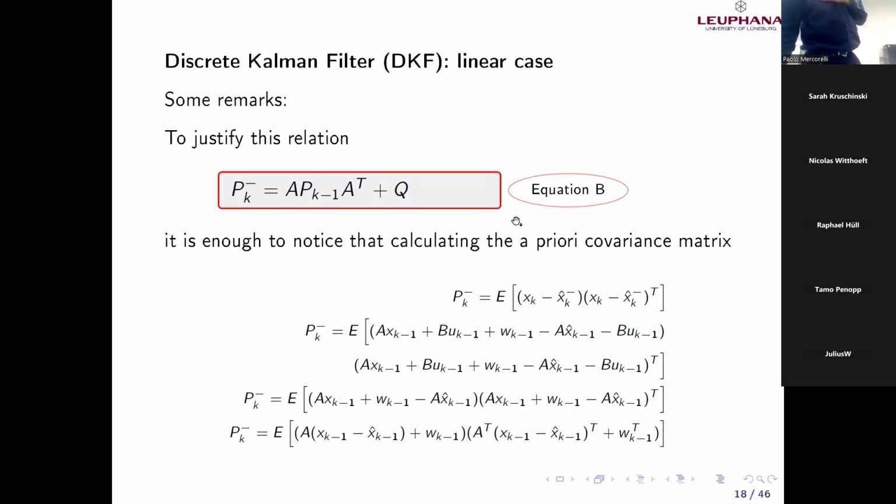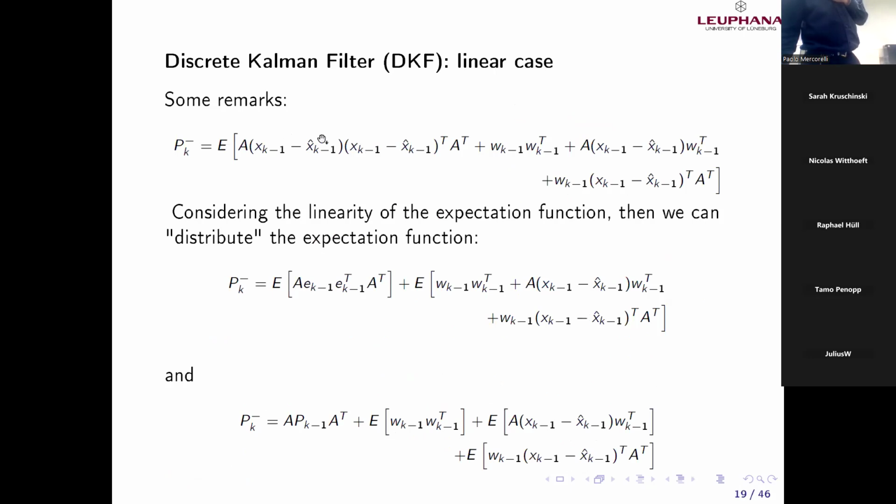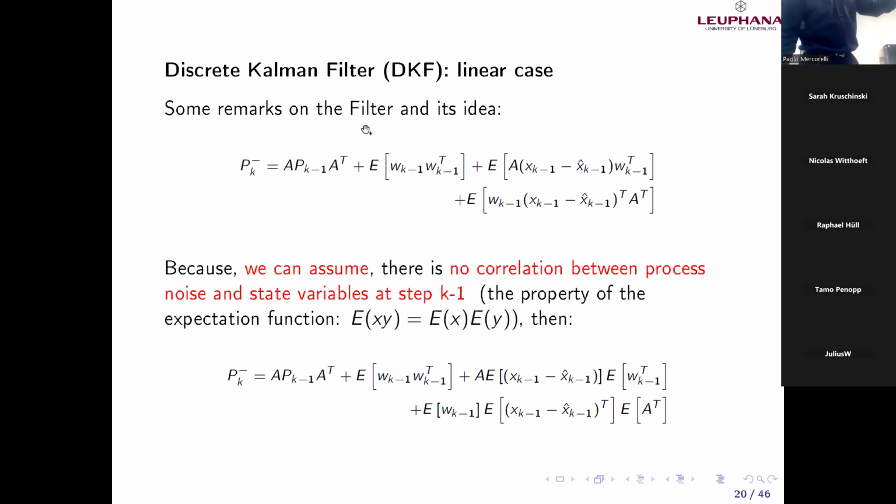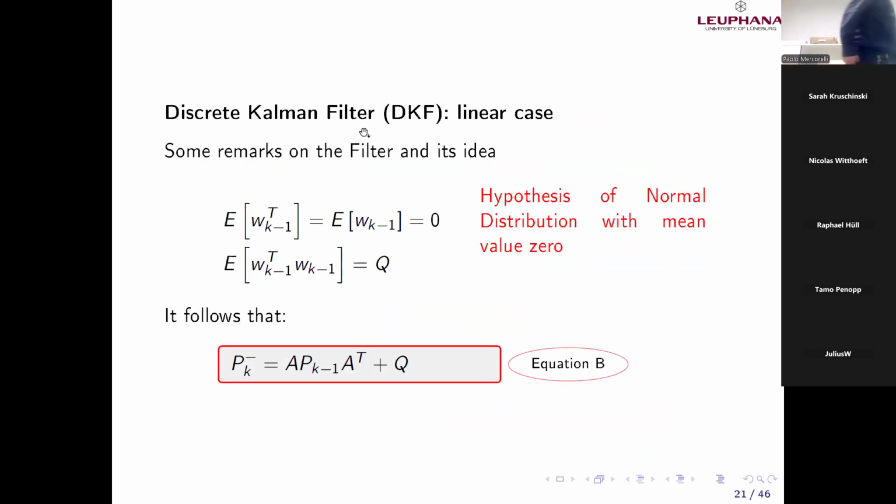During the calculation, we can see it appear here after the products. I do the product and we can see here the a posteriori covariance matrix. Don't learn this. At the end, using the hypotheses, we have this equation here.